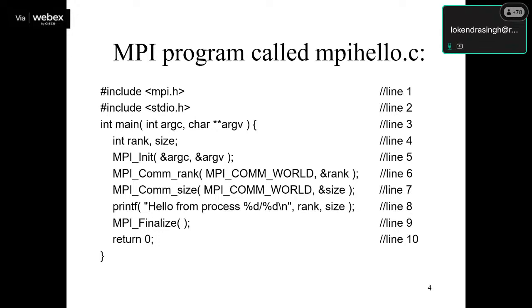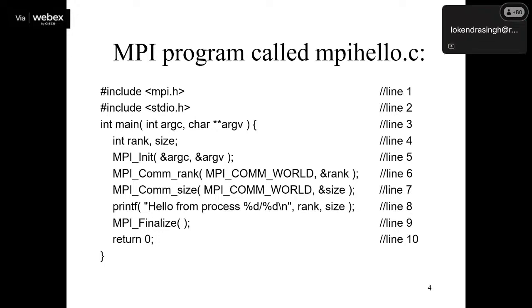Then we are talking about rank and size. Here we are initializing, in the form of integers, rank and size. Then line 5 shows the initialization of the MPI environment.